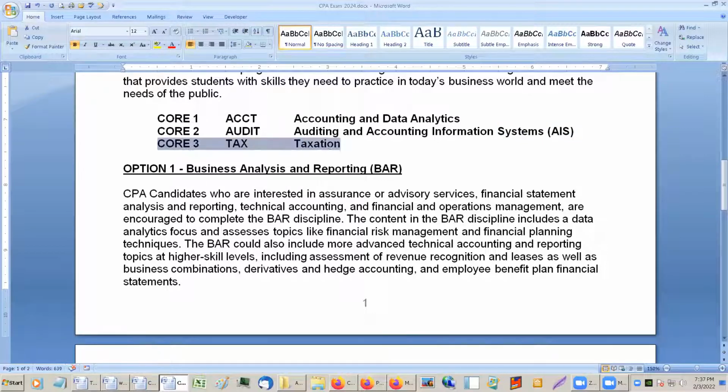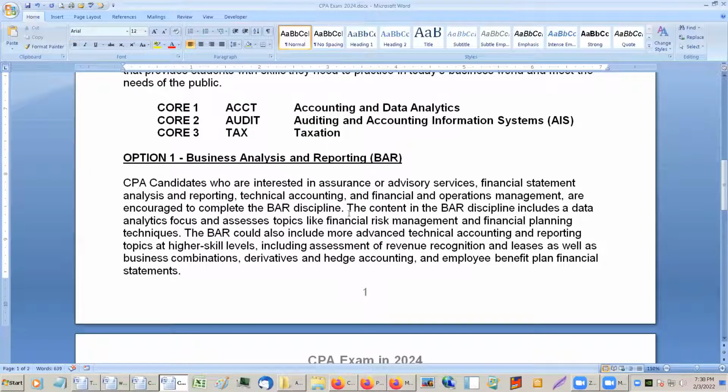And tax is set as its own section. Now you notice there's 3 sections now. That's because you have 3 options for the 4th section. So everyone's going to take the 3 core sections, the same as before.